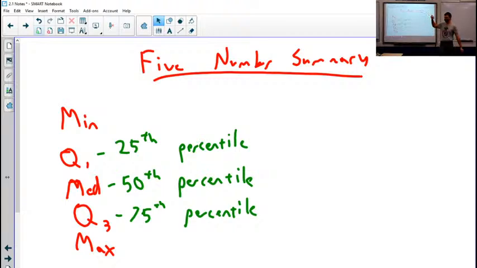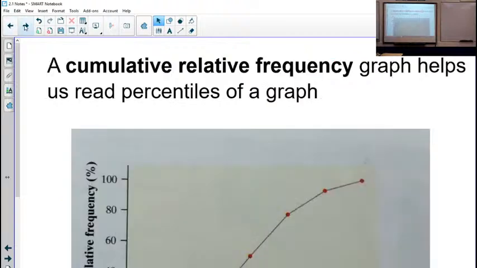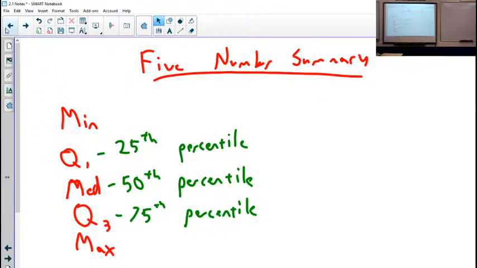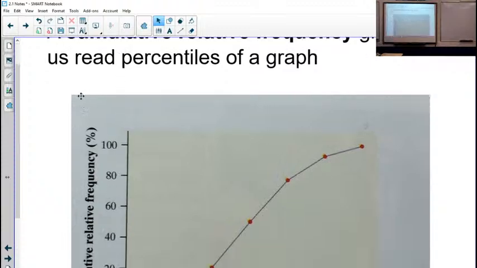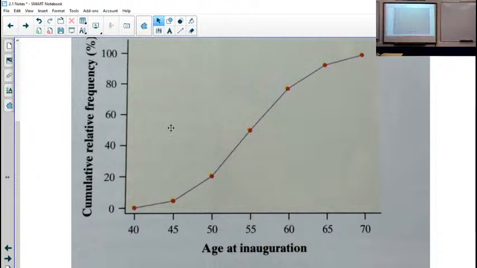If we have this chart in front of us, we can figure out where those percentiles are. We'll practice that again next week. I've got a problem for you to practice with that.